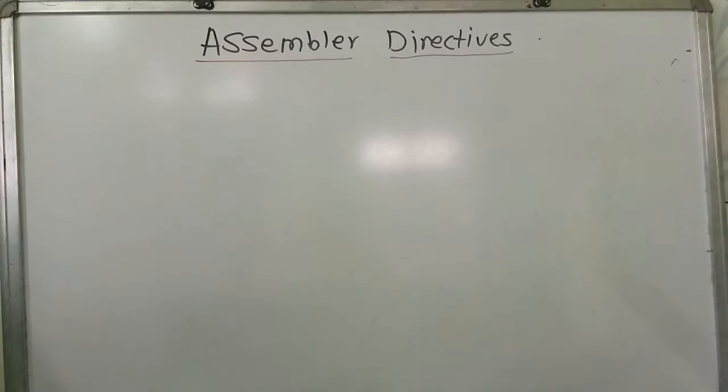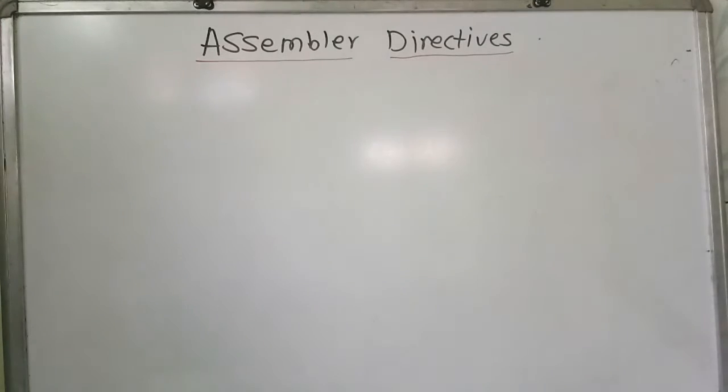Means they are supporting instructions, they are not directly executed by the machines. These instructions are not provided by machines but are provided by the assembler. So we will see some basic assembler directives, and then we will see some advanced assembler directives.